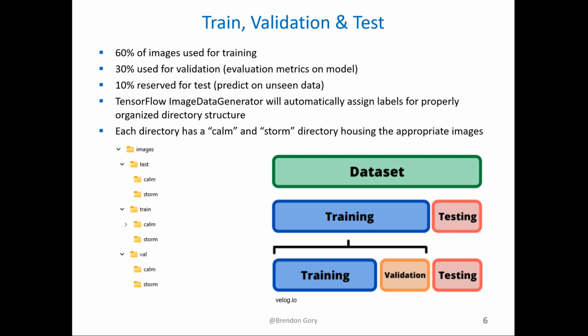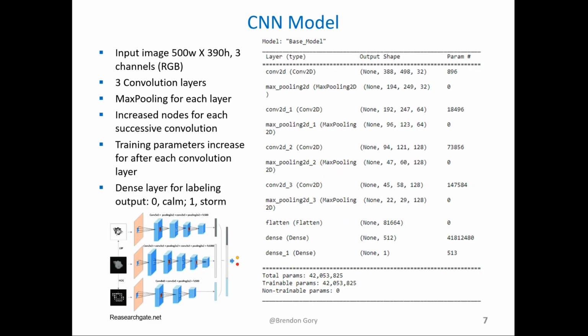We're going to be using 60% of the images for training, 30% for the validation, which will evaluate how well our CNN model is doing, and we're going to set aside 10% of the images for prediction. These are images in the test directory that are not seen during training or validation for the best possible prediction.